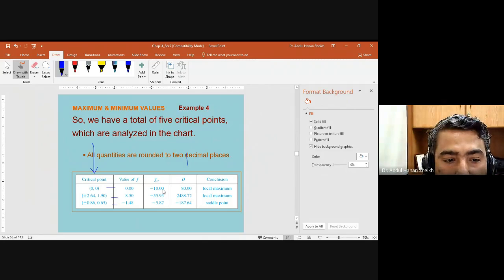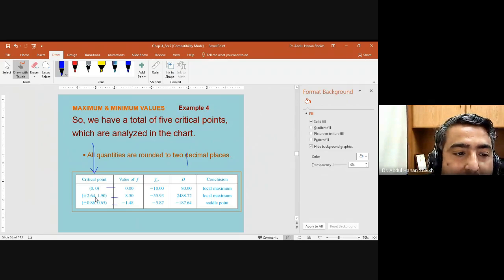Now, if D is positive and f of x x is negative, it means this is a local maximum, and where D is positive and f of x x is negative, it is also a local maximum. The value of f is 0 at this point, and the value of f is 8.50 at this point. So out of these two local points, this is the point which is the absolute maximum, or the highest value.